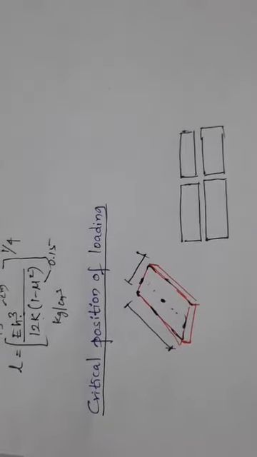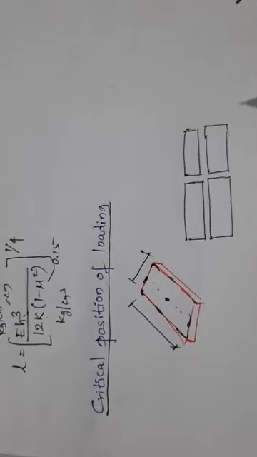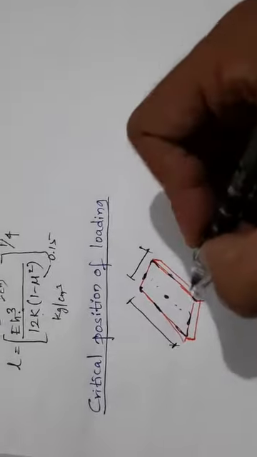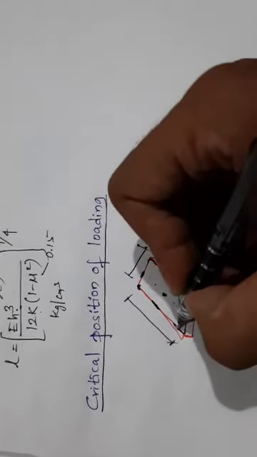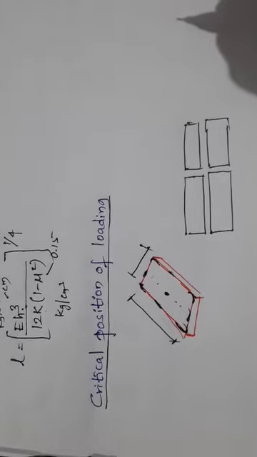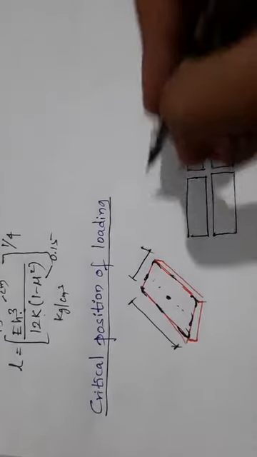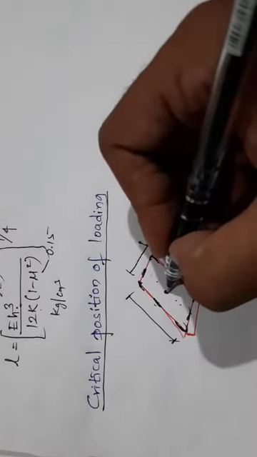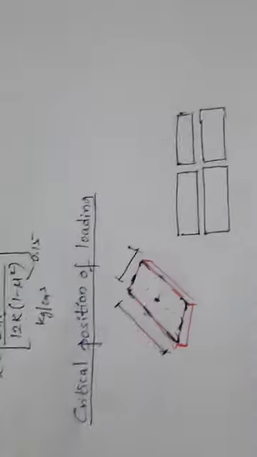So, when the center of the load is located on the bisector of the angle formed by the intersection of the edges of the slab, loaded at the corner, touching the two corner edges, it is called corner loading. This is corner loading, this is the edge loading and this is the interior loading, okay.